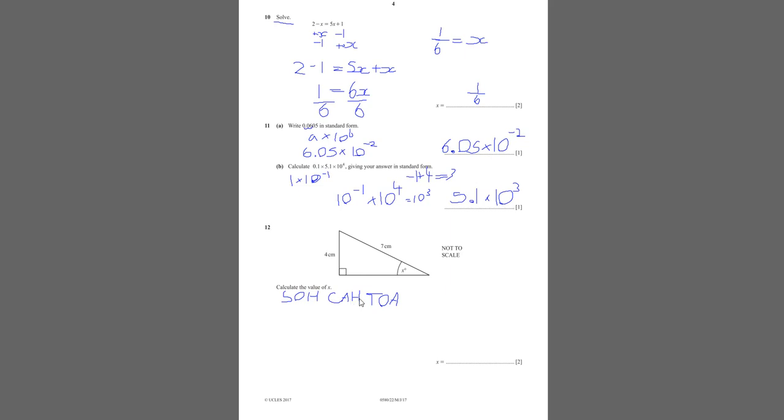Cosine is adjacent over hypotenuse. Tangent is opposite over adjacent. The hypotenuse is the side opposite the 90 degree angle. This only works in right-angled triangles. So this is the hypotenuse.